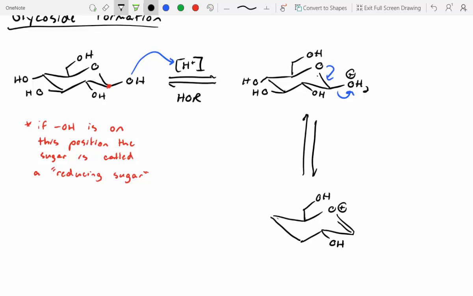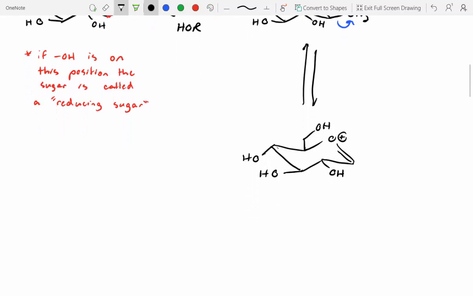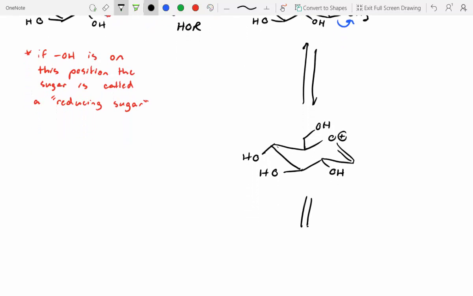This oxygen now has a positive charge. We've got OH, OH. But we've got alcohol floating around. And this alcohol can now attack back into that carbon and kick up electrons.